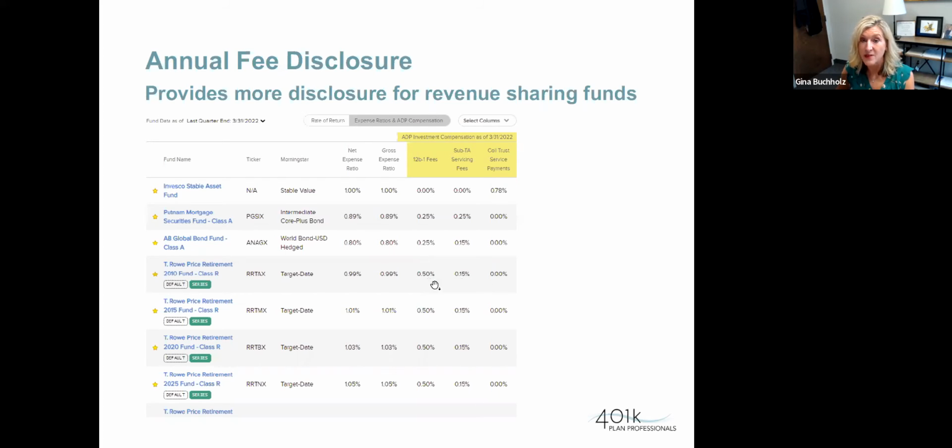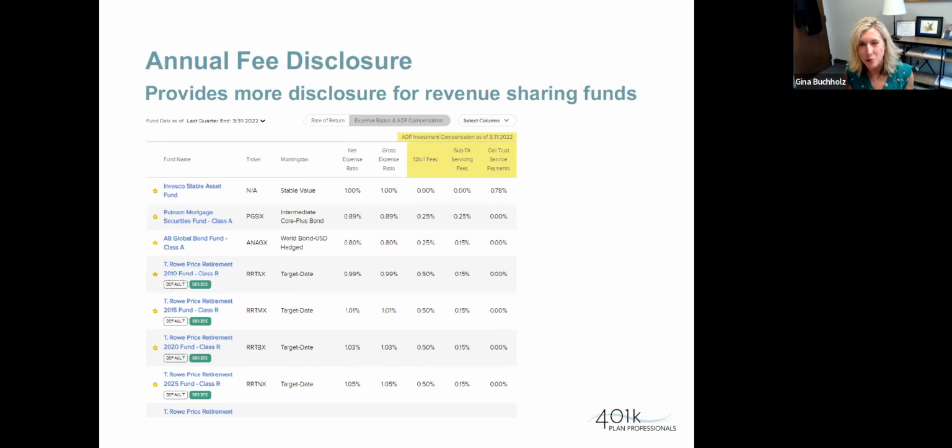So that has 65 basis points that's getting paid to other people. So 99 minus 65 is 34. That means the mutual fund is keeping 34 basis points, and the advisor and record keeper are getting paid from this. So again, it's a little harder to dig that up and distinguish.